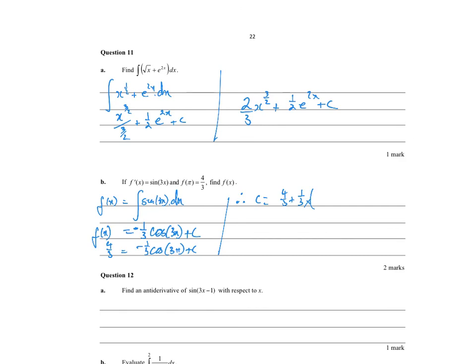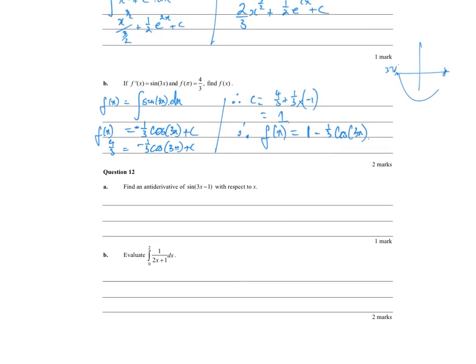So 3 pi is 1 pi, 2 pi, 3 pi is there, cos is negative, so it's negative 1. So we get 4/3 plus negative 1/3, which is equal to 3/3, so C is equal to 1. Therefore, f of x equals, well, I might write 1 minus 1/3 cos 3x.